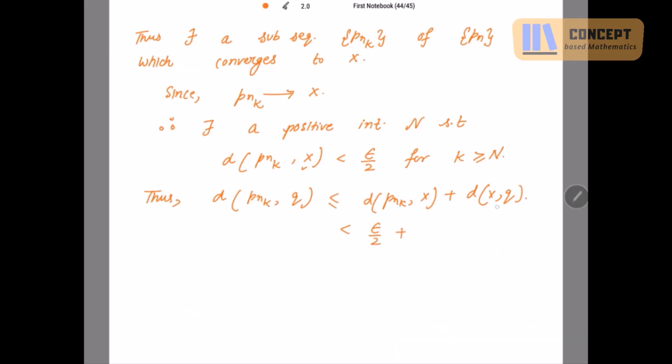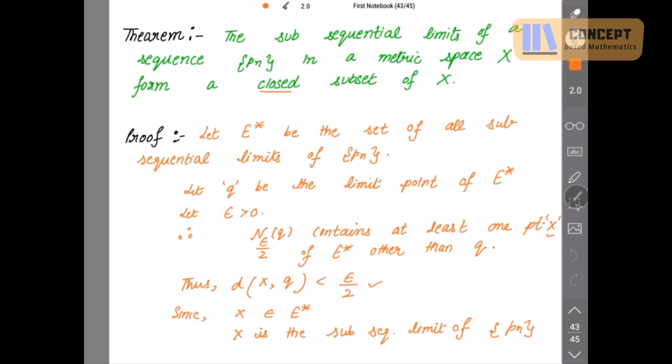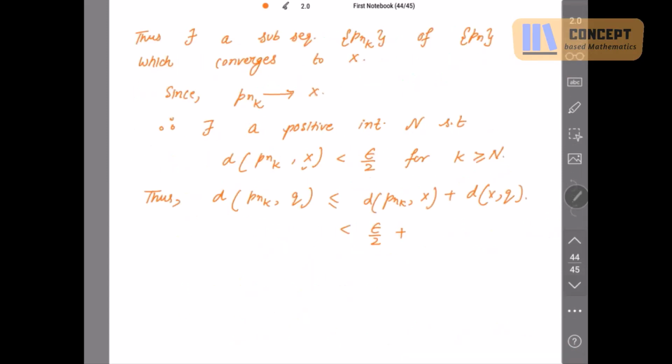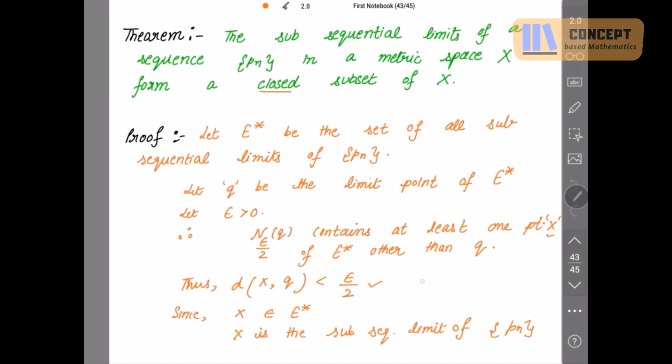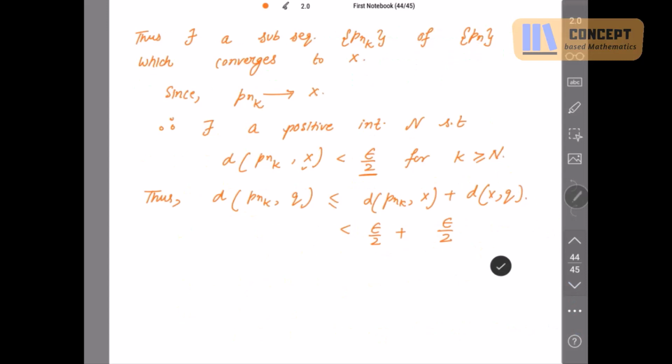And the distance of x with q is also less than epsilon by 2. So we have taken both the distances. Say this as 1, say this as 2. From 1 and 2 we write these two distances less than epsilon by 2, and this is nothing but epsilon. Proved. So what we have proved is that the distance of Pnk with Q is less than epsilon, right?